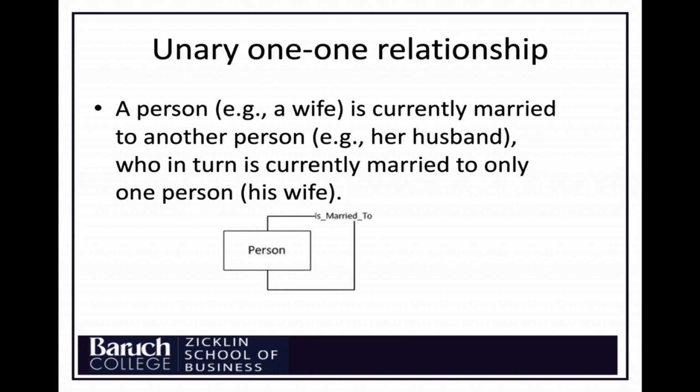A person, an individual, can be married to another person from the same table. So it has one and only one, or 0 to 1, it could be married or not, to the same table. So let's say we have a table, one attribute would be whether the person is married or not. It could be yes, no, and then who they are married to if that attribute is yes. And then it would be the name of the second person, or the name of the spouse.